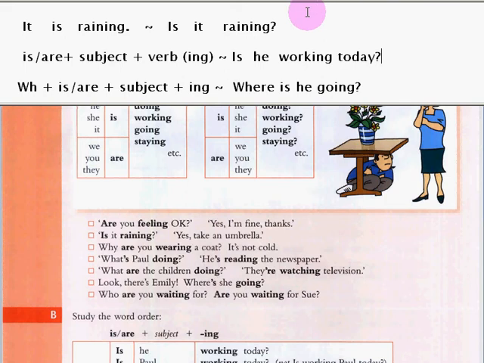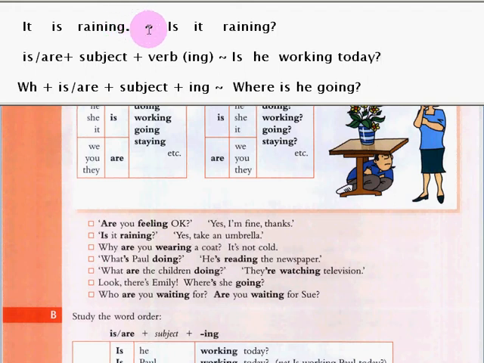First is by changing the position of the subject, or the first word of the sentence, and the linking verb. We also started with a positive sentence like this one: It is raining. Now, how do you change that into a question?